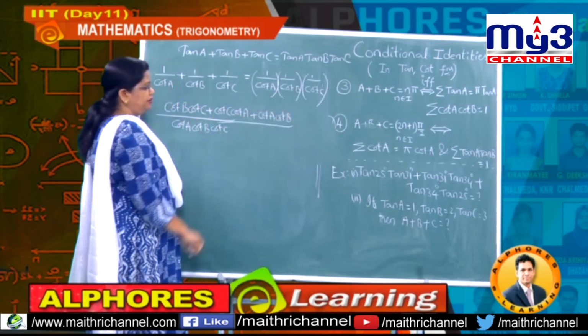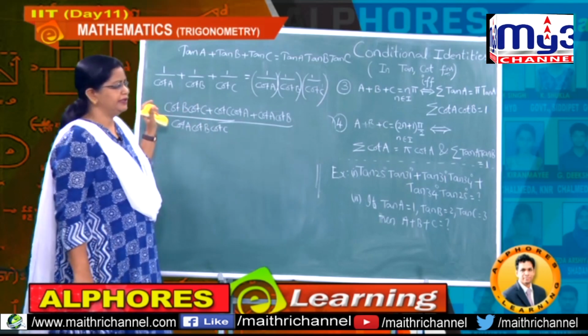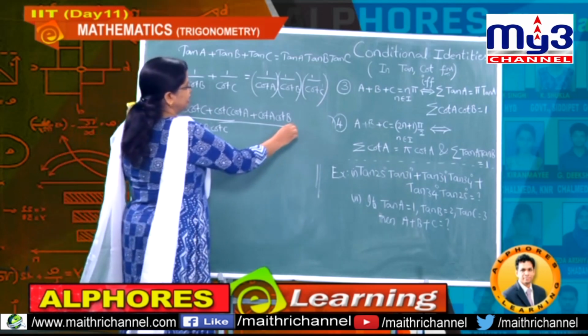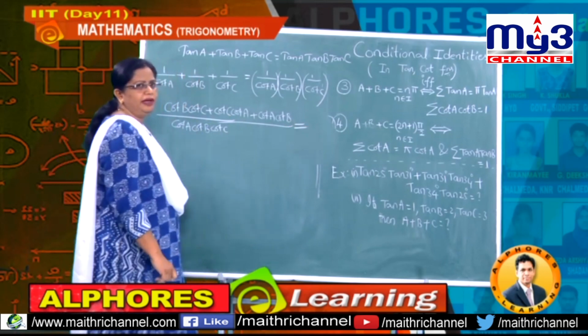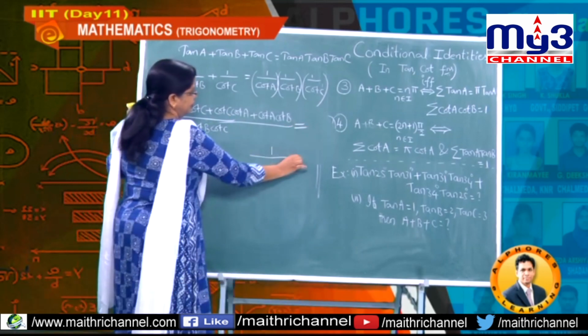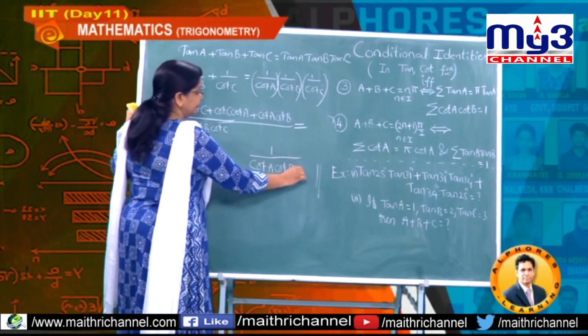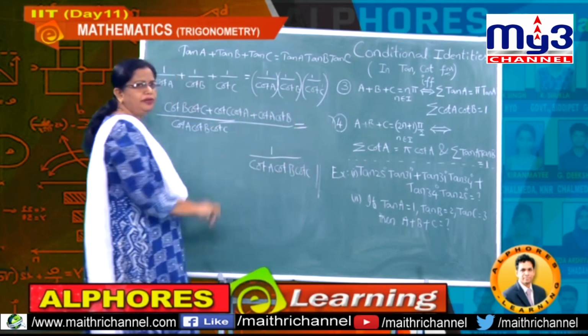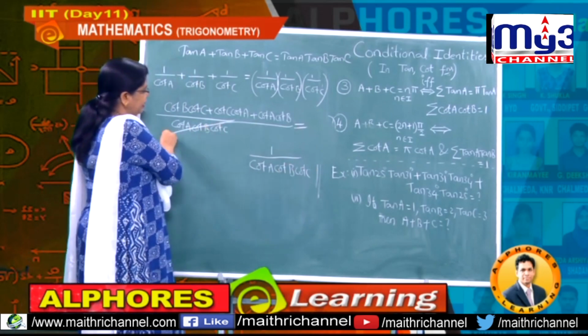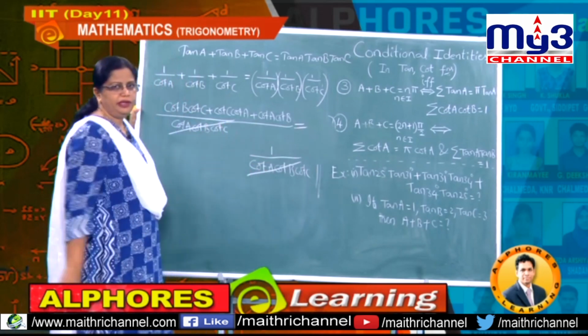So this is the value you got after taking the LCM. And now what is the RHS value? RHS you got 1 divided by cot A, cot B, cot C, and this is equal, therefore we can cancel both the denominators.